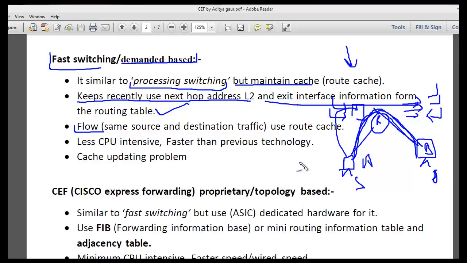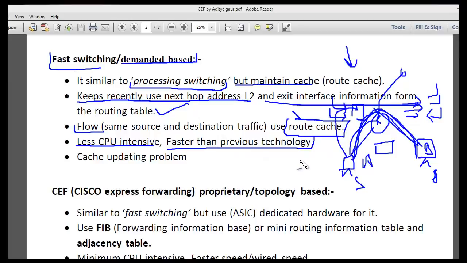So they use a route cache. If your data is going somewhere else, it is going to create another cache. That is good, because this is less CPU intensive and faster than the previous technology.